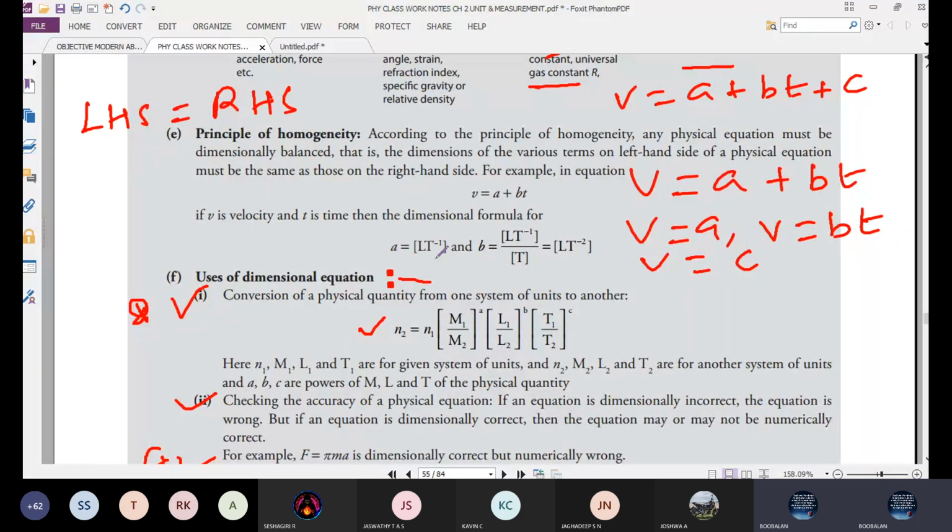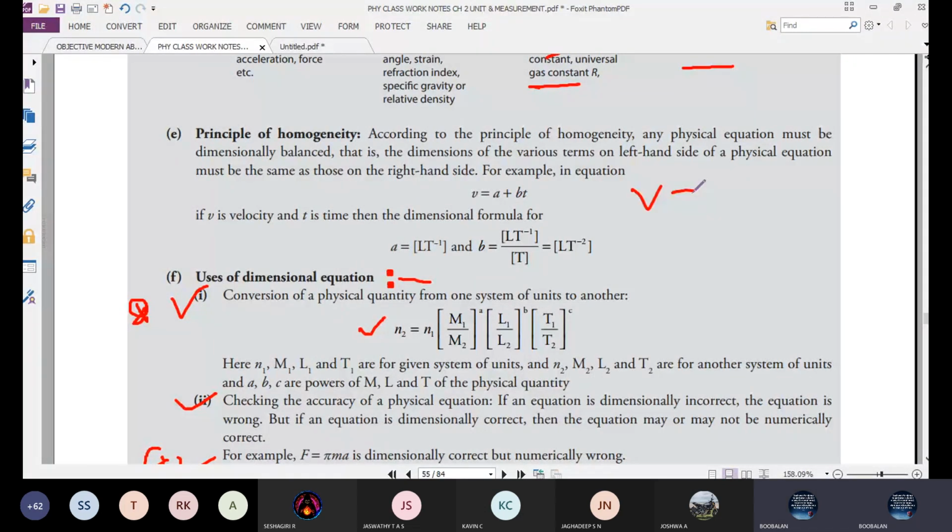Next, V equal to BT. I need only the value of B. B equals velocity divided by time. Velocity dimension formula: L power 1, T power minus 1, divided by T also, T power 1. Finally, you will get B equal to L power 1, T power minus 2.